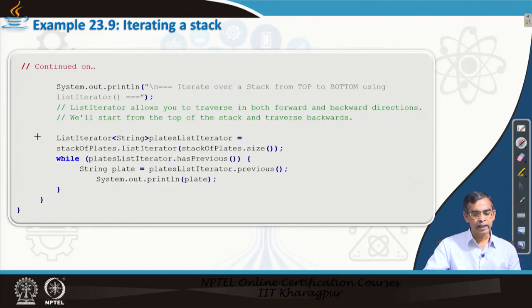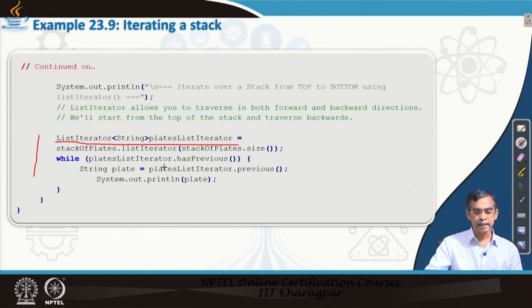You can check the code here. This is basically a ListIterator. Earlier, the iterator was a simple iterator. A ListIterator is available because the stack is also defined by a list, since it implements the List interface. So the list has an iterator called ListIterator. A ListIterator allows you to traverse in both directions, from left to right and from right to left, because a list is basically a doubly linked list sort of thing.